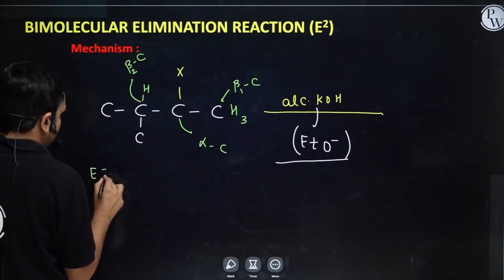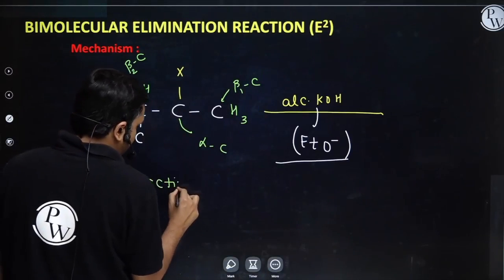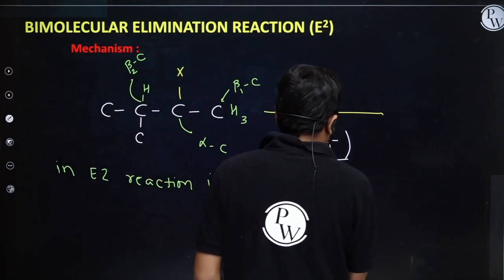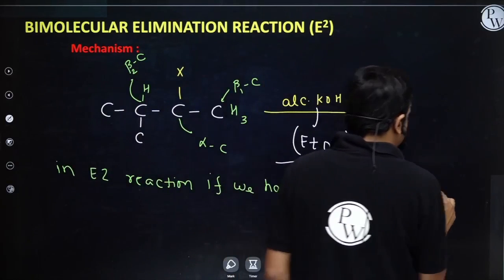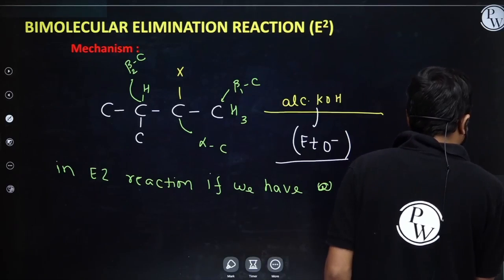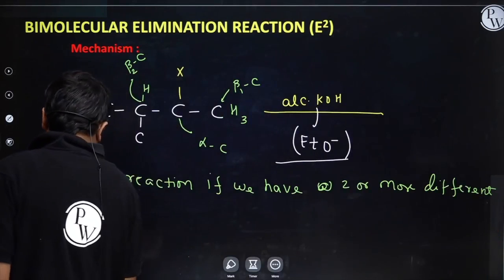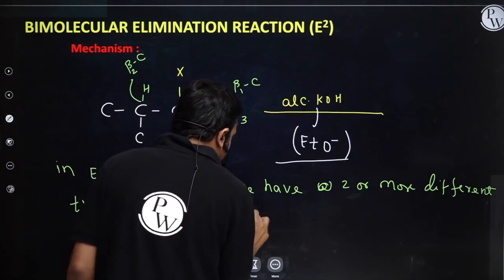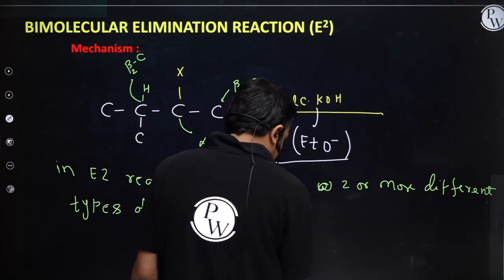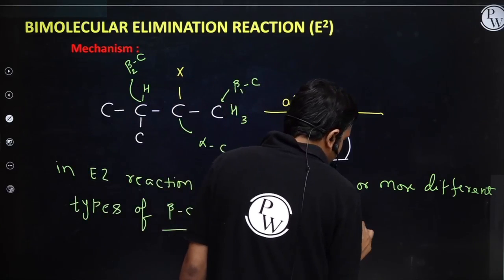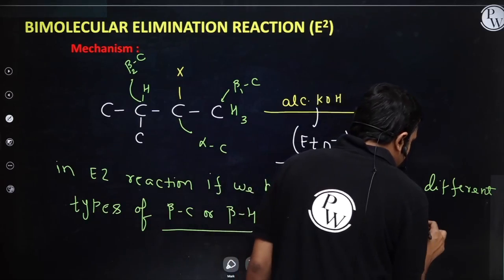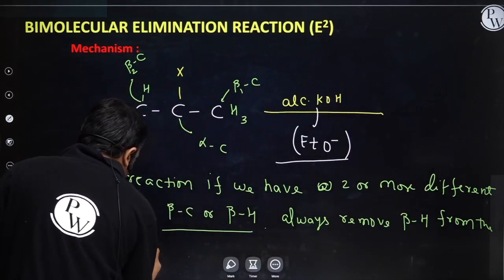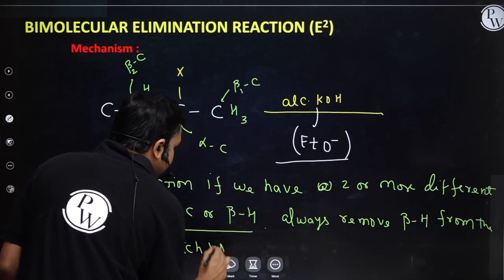In E2 reaction, if we have two or more different types of beta carbon or beta hydrogen, they always remove beta hydrogen from the carbon which is more substituted.